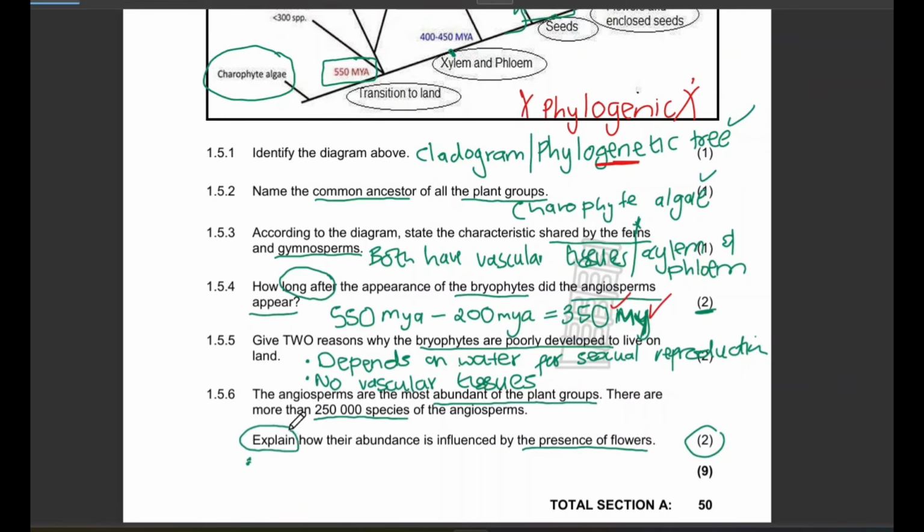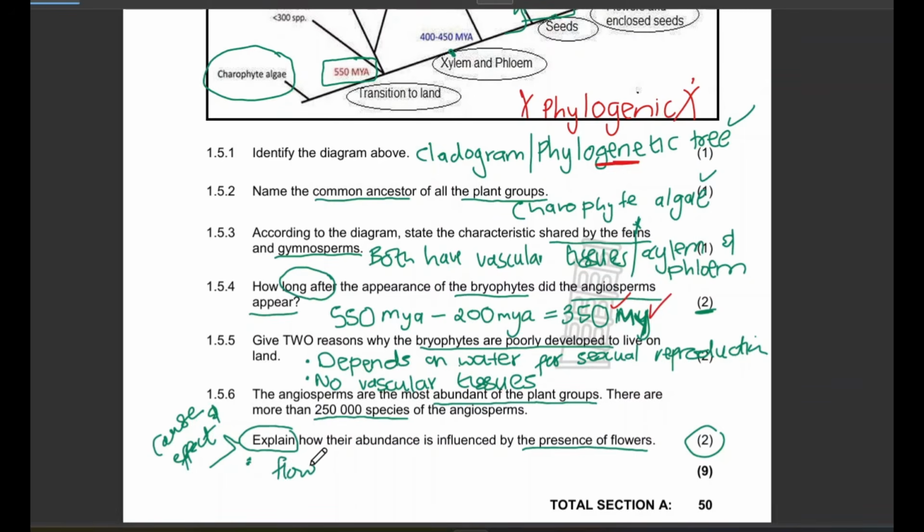And remember, they are asking you to explain. Whenever they ask you to explain, we look at the cause and the effect. All right. So the cause here is that there's flowers that are attracting pollinating agents, and the effect of that is obviously going to increase the chances of fertilization.